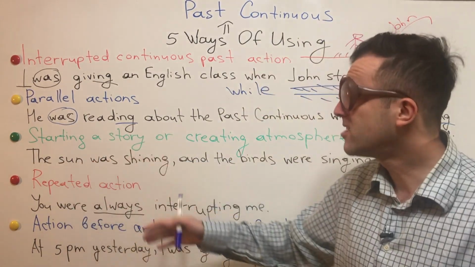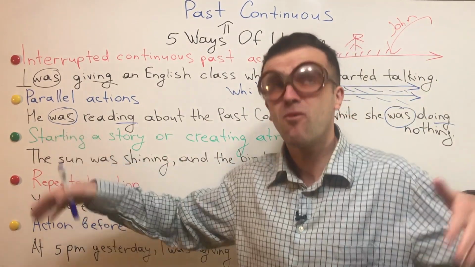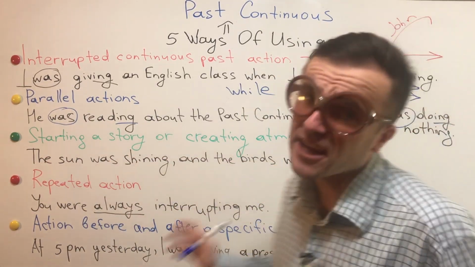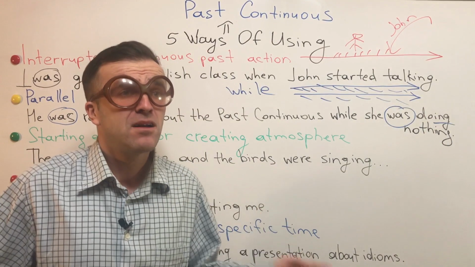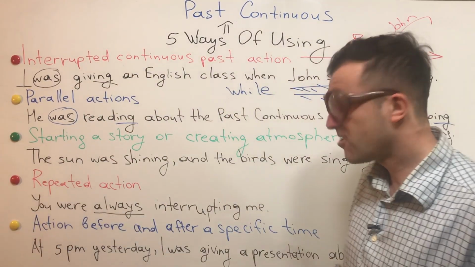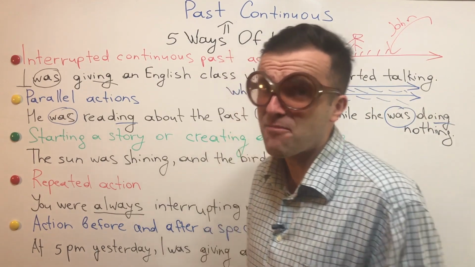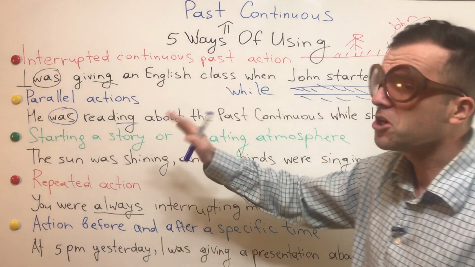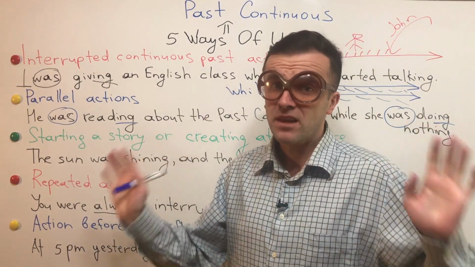So once upon a time, once the sun was shining and the birds were singing and the red cap left her house, yes? Do you remember that fairy tale about the red cap? I hope so, okay?